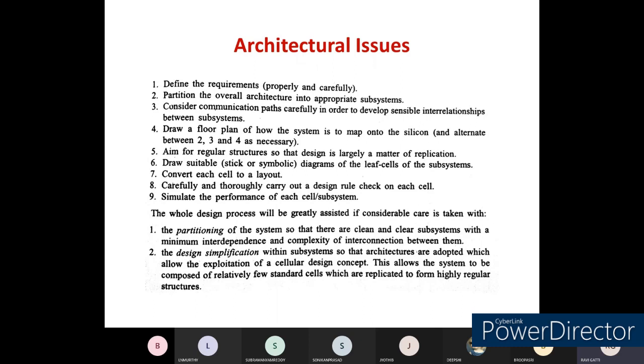Whatever design methodology or architecture you consider for the implementation of any circuit, it should be minimally prone to errors, or it should have minimal exposure to being affected by external entities. That we call architectural issues. The entities or parameters which constitute these architectural issues are listed over here. So the first thing is defining your requirements.